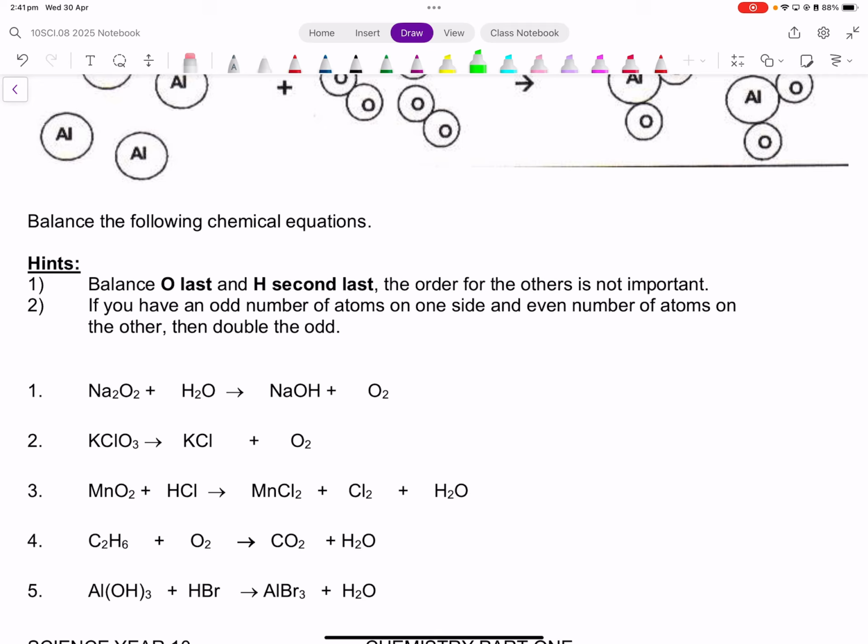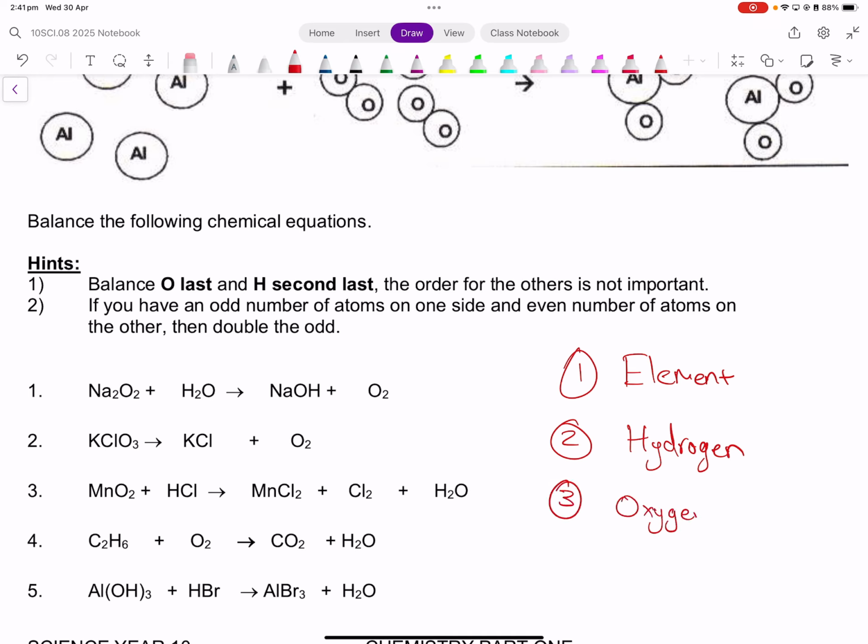We always go in the following order. You are going to start with the element. Okay? So in our last example, the element was aluminium. Secondly, you're going to balance hydrogen. And the third and final element that you're going to balance is oxygen.